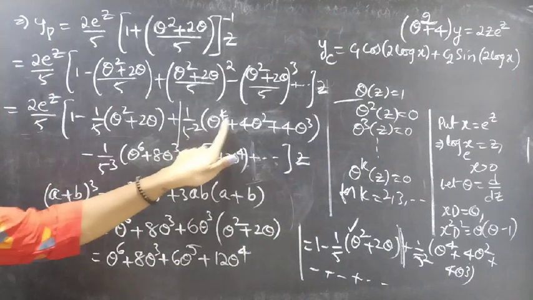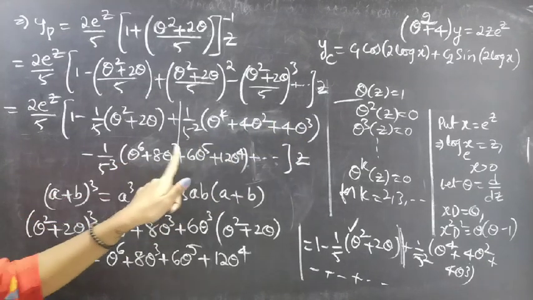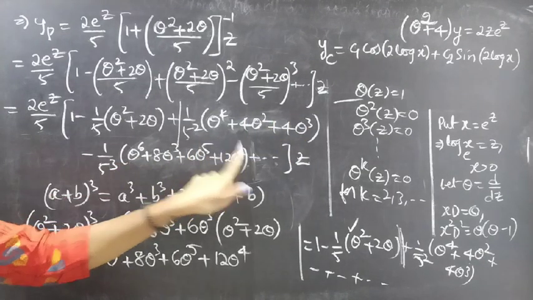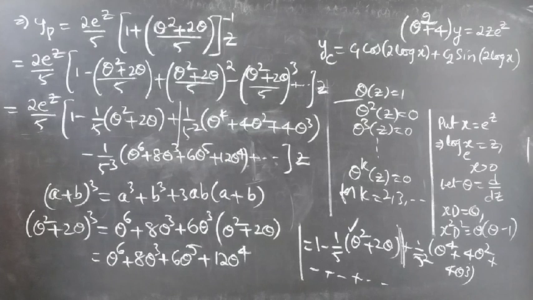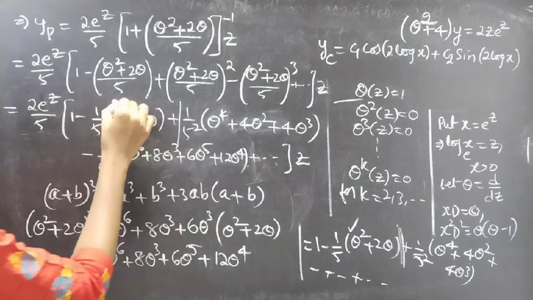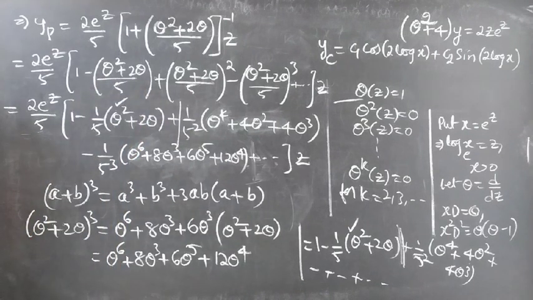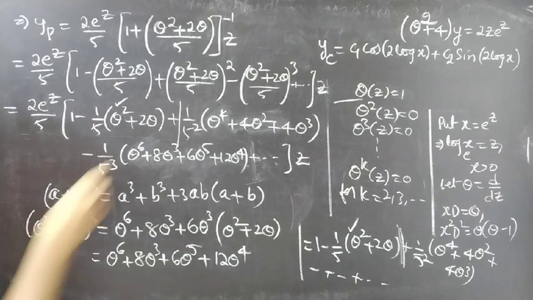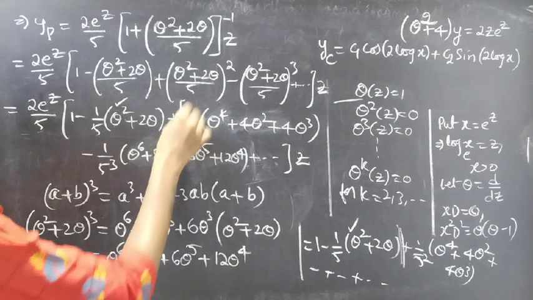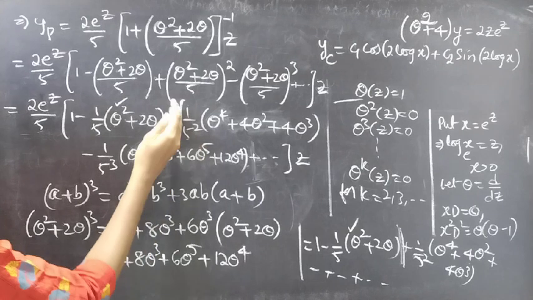Here you are having theta power 4, theta square, theta cube, theta power 6, theta power 5, theta power 4. So all are higher derivatives, and here also we have a higher derivative, theta square. So we can neglect all the higher derivative terms from here completely.